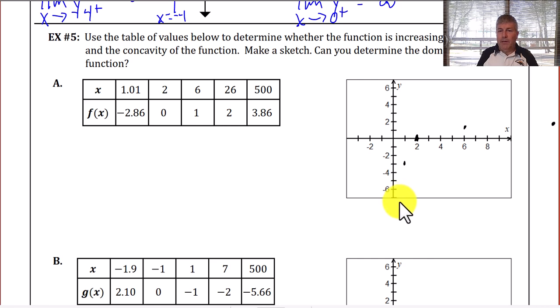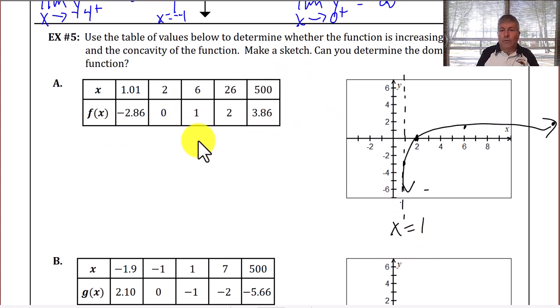It appears that we have a vertical asymptote at x equals 1. So our function f of x is increasing.